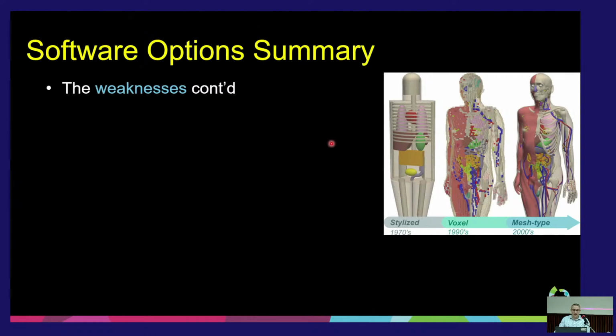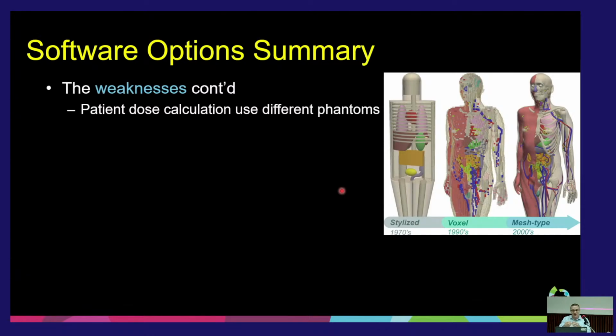And then, here we go, patient dose calculations. Most of them will take in the information and allow you to do some kind of higher level patient-specific dose calculation using Monte Carlo. But the way they do that is unique and different to each software. Some of them still use the old mathematical stylized phantoms, which are good, but this is obviously not a human being, so it's a little less patient-specific.